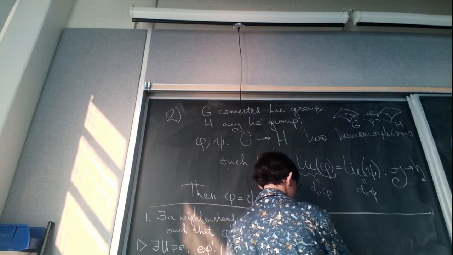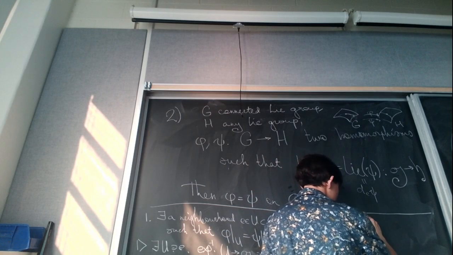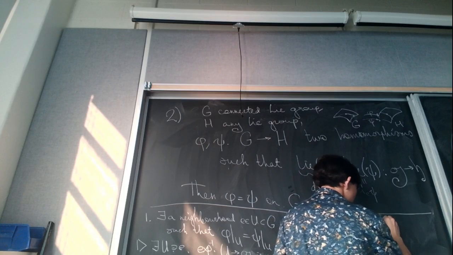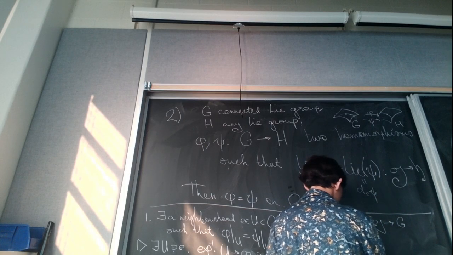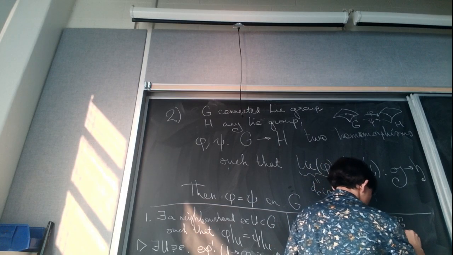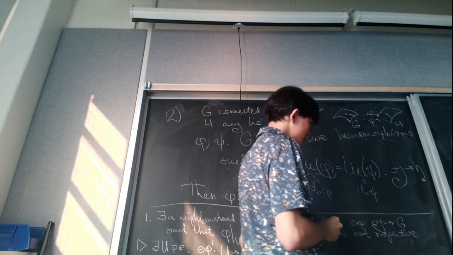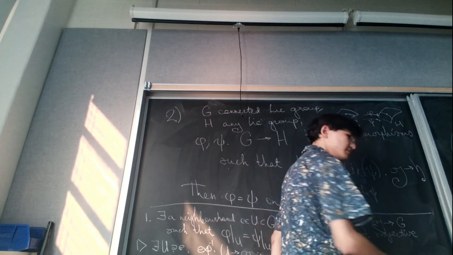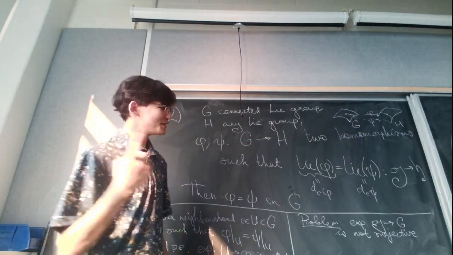So the problem: the exponential map from the Lie algebra to G is not surjective. It's an exercise for you to think of examples when it's not surjective.